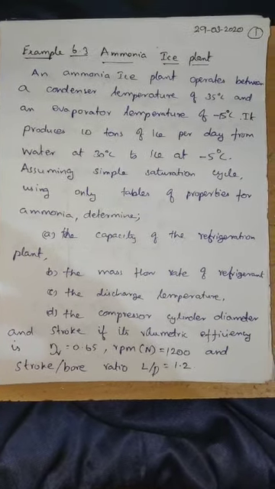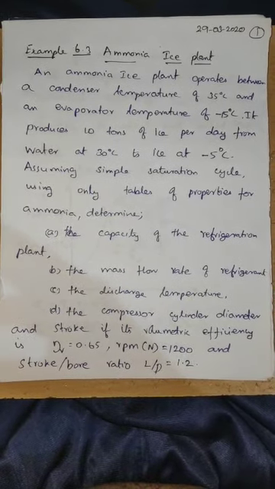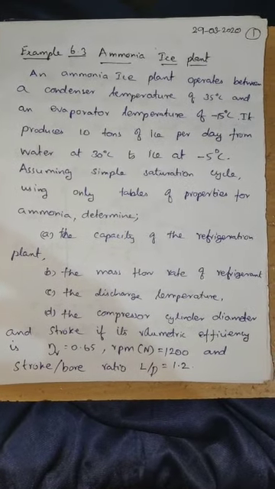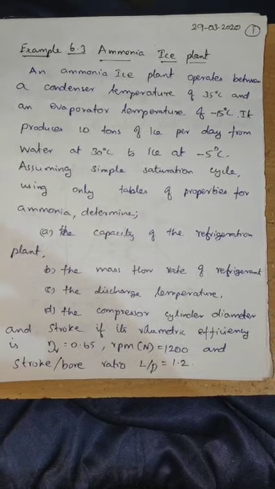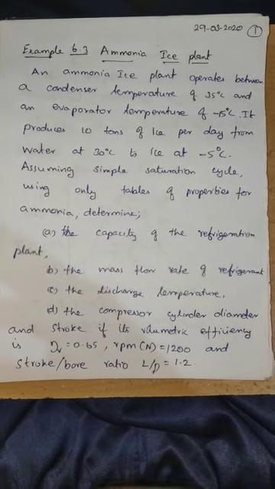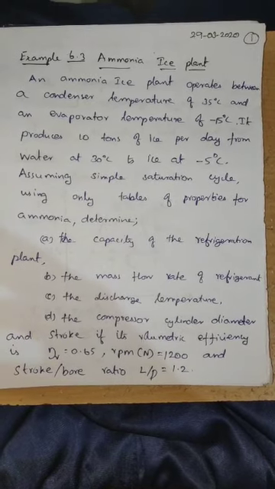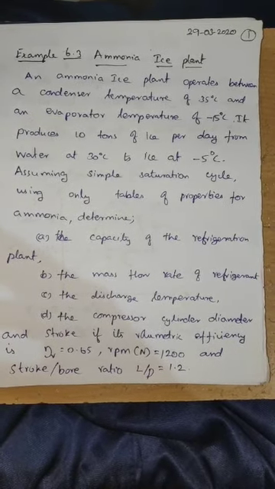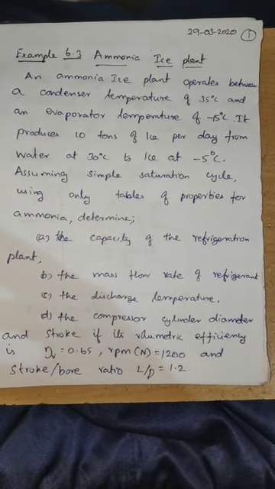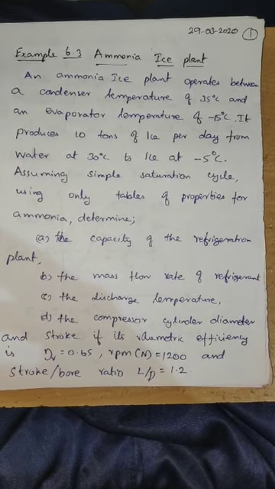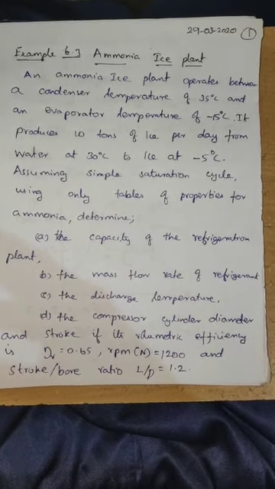This is an ammonia ice plant. The problem is: the ammonia ice plant operates between a condenser temperature of 35 degrees Celsius and an operating temperature of minus 15 degrees Celsius. It produces 10 tons of ice per day from water at 30 degrees Celsius to ice at minus 5 degrees Celsius.